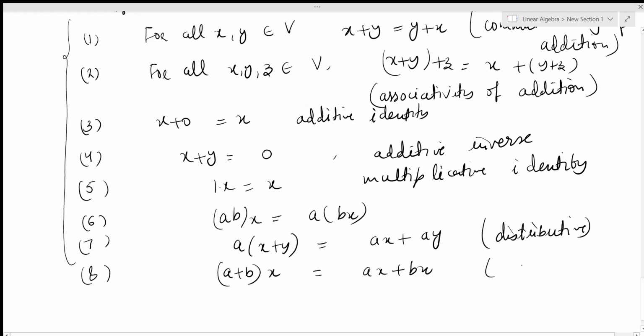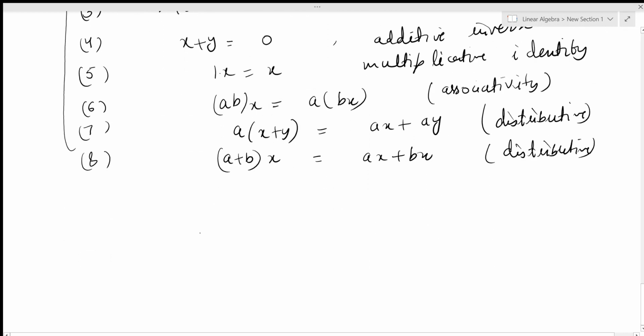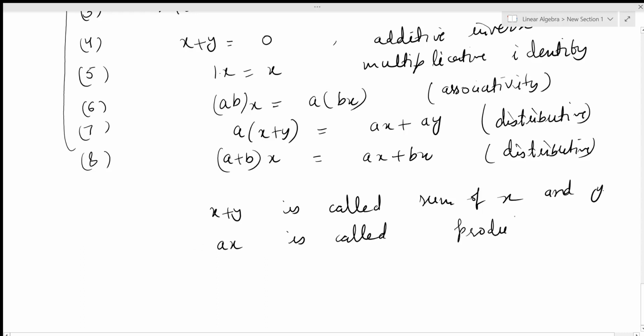This is also a distributive property, and the sixth is associativity with respect to scalars. So these are the properties which we have to satisfy for a vector space. Now x plus y is called the sum of x and y, and ax is called the product of a and x.